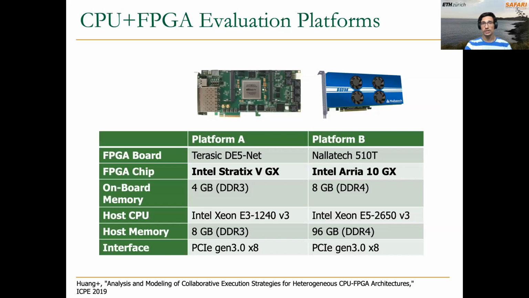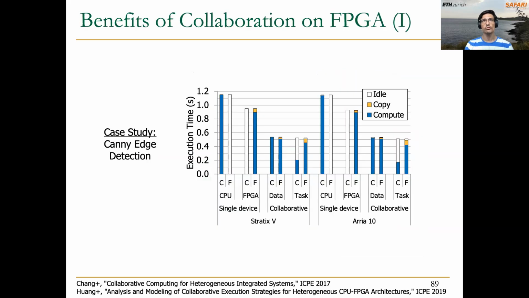And for this sort of platform, with a CPU, typically a Xeon CPU, as you can see in the table, and an FPGA, we actually tried two different platforms with two different FPGA chips. We implemented the CHAI benchmarks on these platforms and also analyzed what the benefits of collaboration are in this kind of CPU plus FPGA heterogeneous system.